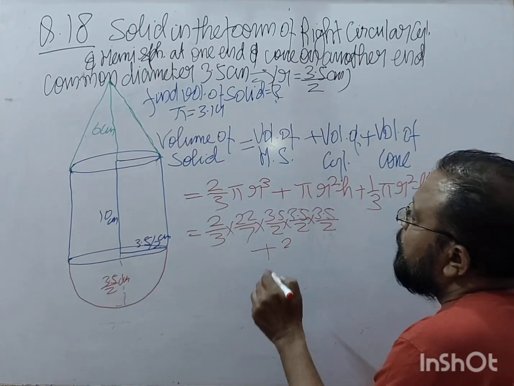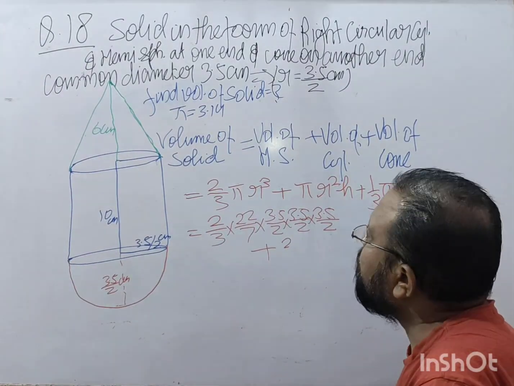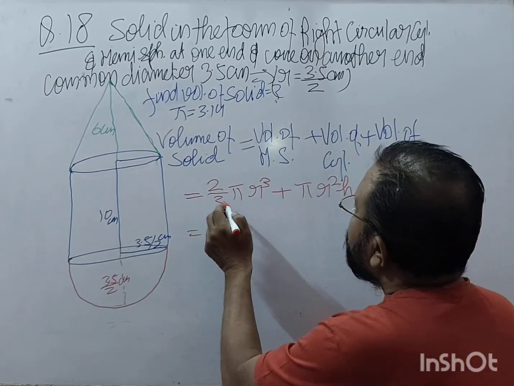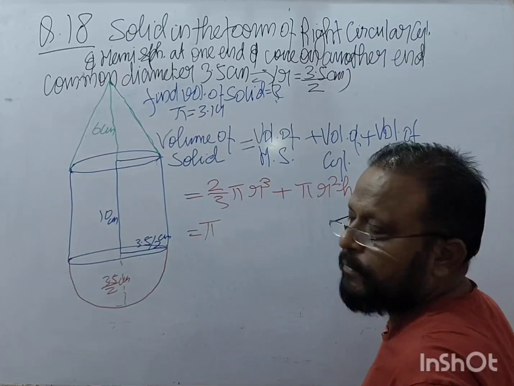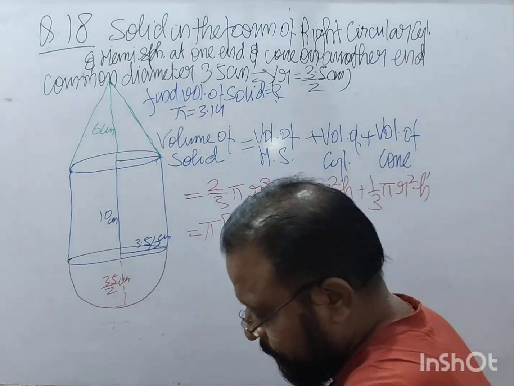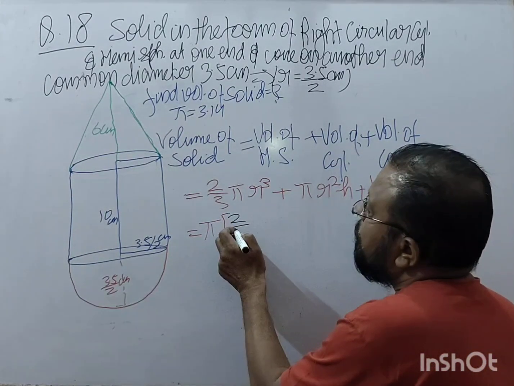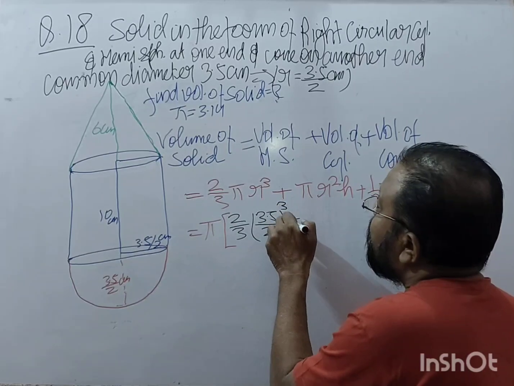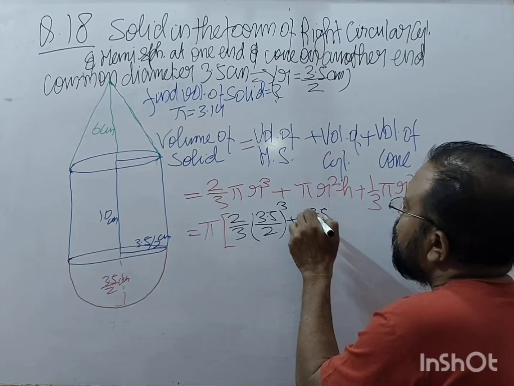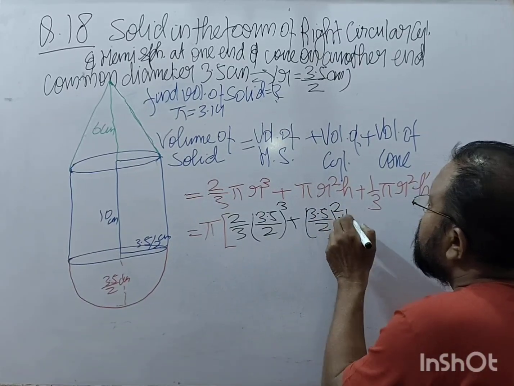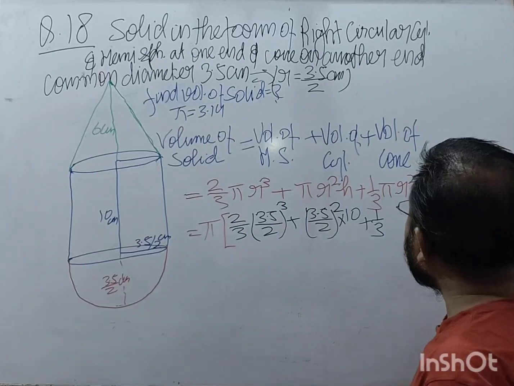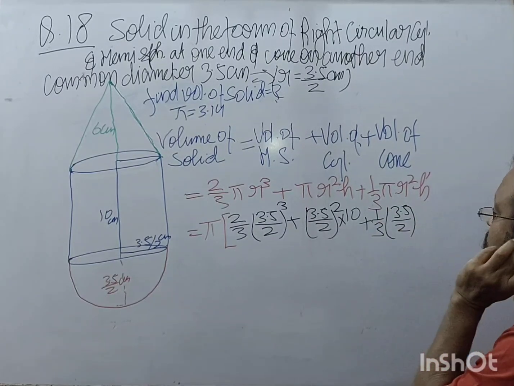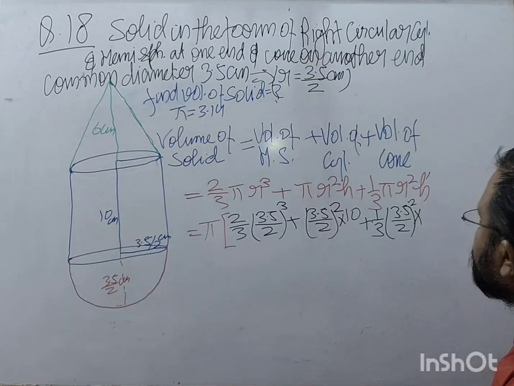Plus, what do you have to take? Sorry. You take pi as common, and then you write 2 by 3 into 3.5 by 2 cube plus 3.5 by 2 whole square into h is 10 plus 1 upon 3, that is also 3.5 by 2 whole square into h dash is 6.